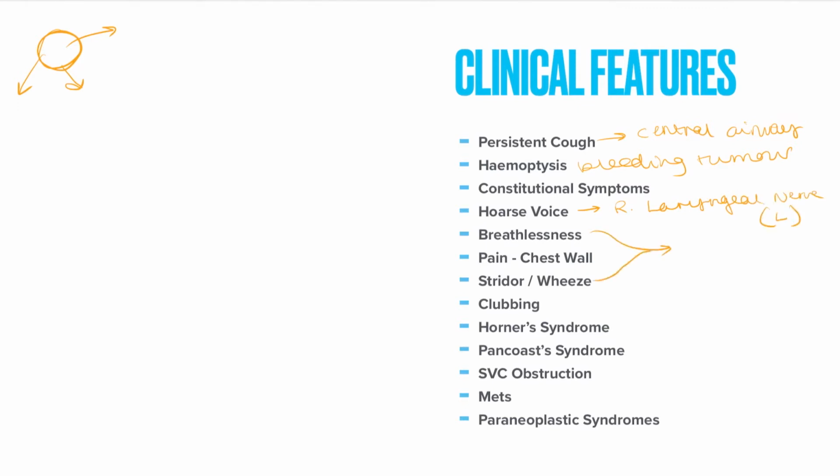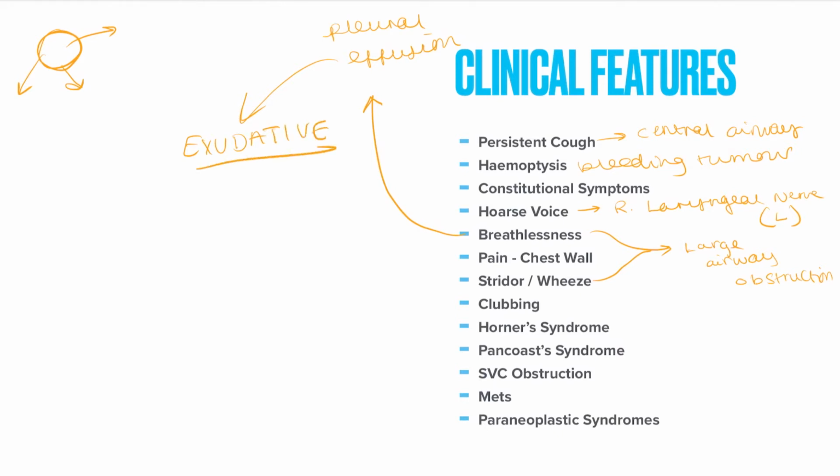Breathlessness and wheeze will be due to large airway obstruction. However, breathlessness could also be due to a pleural effusion. If you remember, you can get transudative and exudative, and exudative pleural effusions can be caused by cancers. You might also get chest pain if there's chest wall involvement.